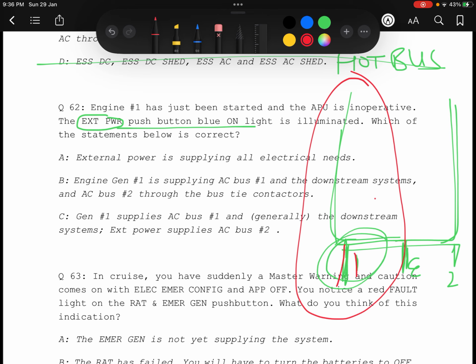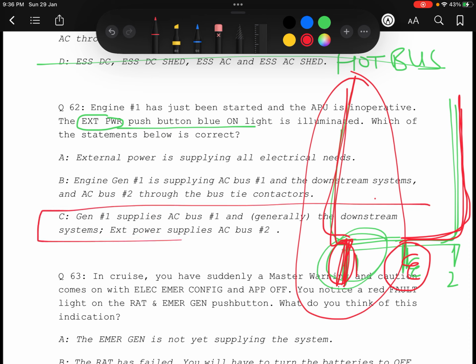He will say like this. Now engine 1 is supplying its own side, and external power, if it is connected, will supply the other side. This is how it works. So you find the answer from it, and you will know yourself that Charlie is correct.